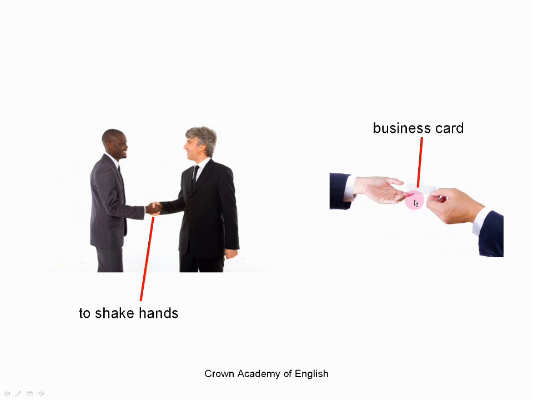So a business card is a small white card which contains information like your name, your job title, your company name, the company address, your telephone number, your email address, your website.